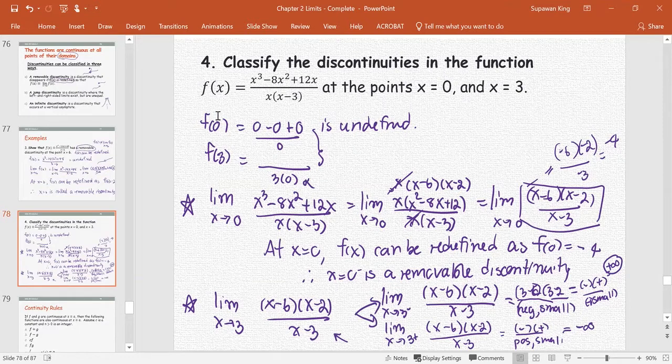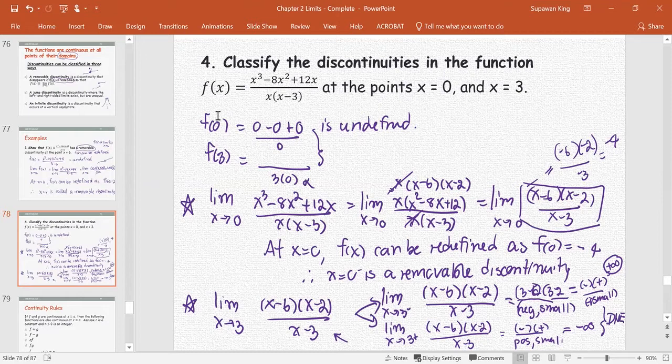Even though the two sides are not going in the same direction, both of them go to either infinity or negative infinity, so we can say the limit as x approaches 3 does not exist, because the two directions are not going toward the same value or the same direction.